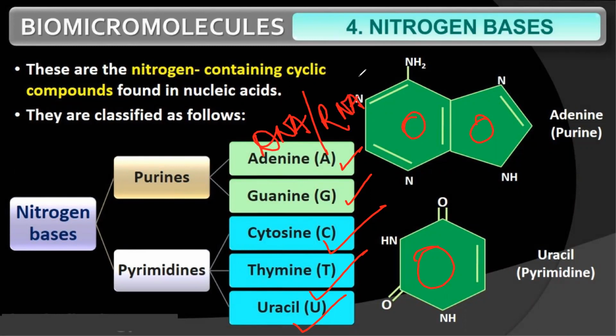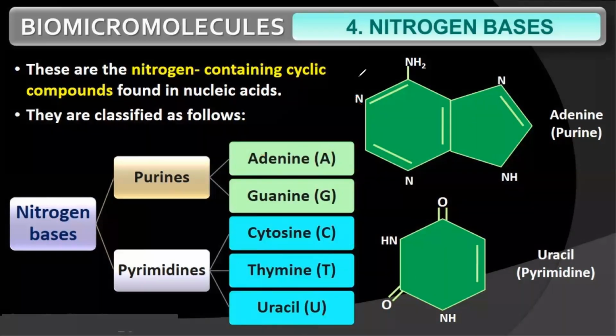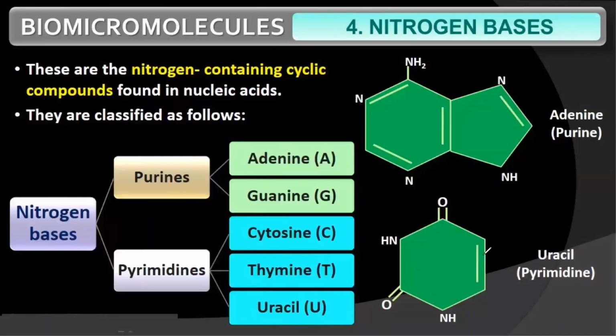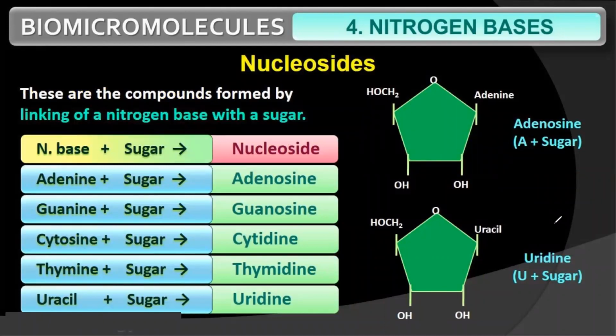Nucleosides. These are the compounds formed by linking of a nitrogen base with sugar. So here we will learn new things, nucleoside and then nucleotides. These are the nitrogen bases, these are the nucleosides.